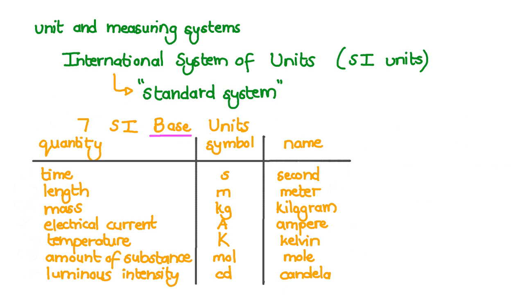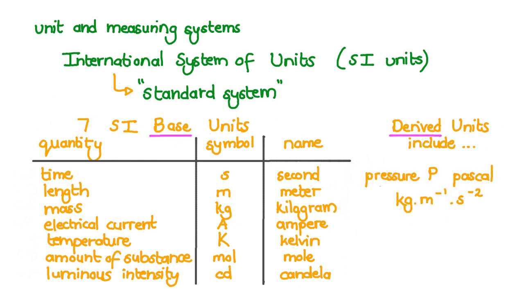We said that these 7 units are the base or building block units from which all other SI units are derived. There are many derived units, but 2 common examples of derived units used in chemistry are the unit for pressure, whose symbol is P, and this unit is called the Pascal, and written in base SI units, a Pascal is a kilogram per meter per second squared.